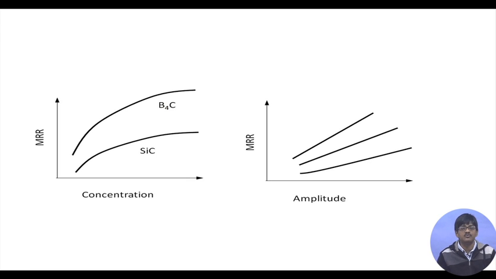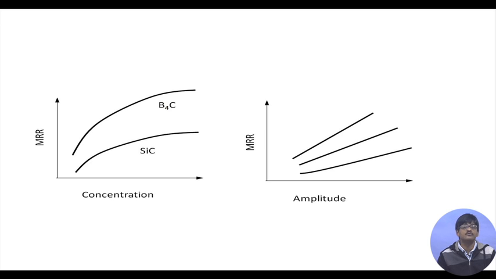This may be due to the fact, first of all, that abrasives also undergo some kind of compression when they are pressed between the tool and the workpiece. So, the compression being equal to delta T plus delta W is not fully correct.